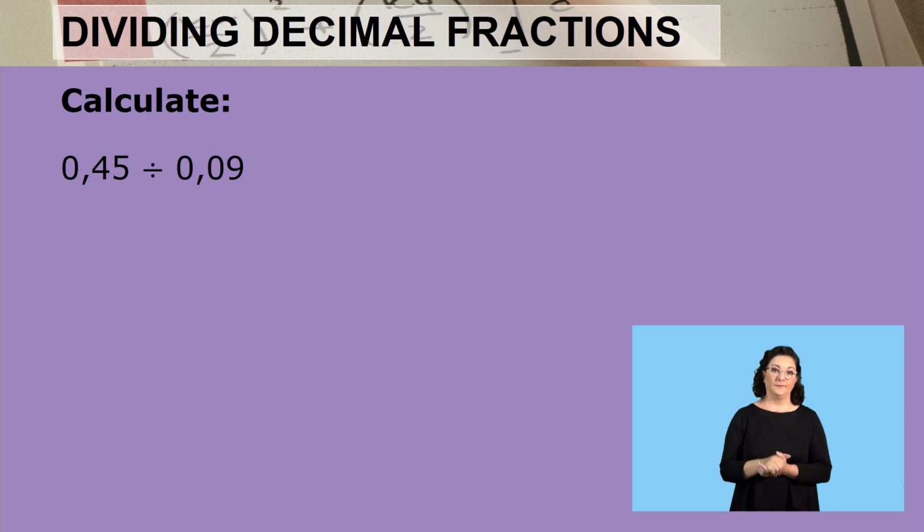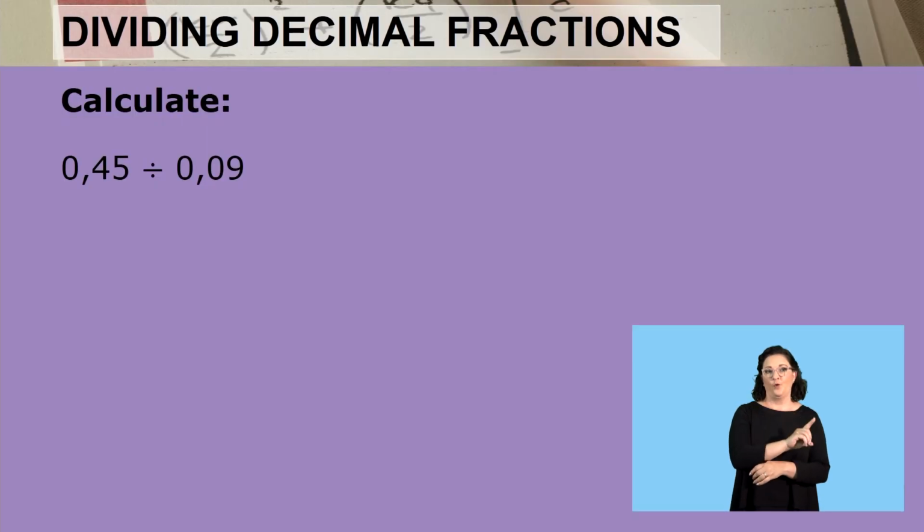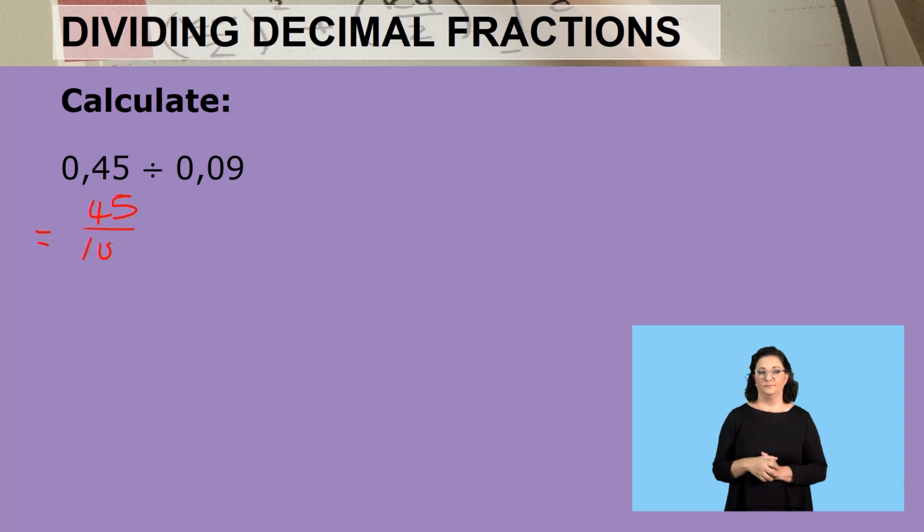It reads, calculate 0.45 divided by 0.09. So we said we must convert each decimal into a common fraction. So you can see this is 45 hundredths. So it's actually equal to 45 out of 100.